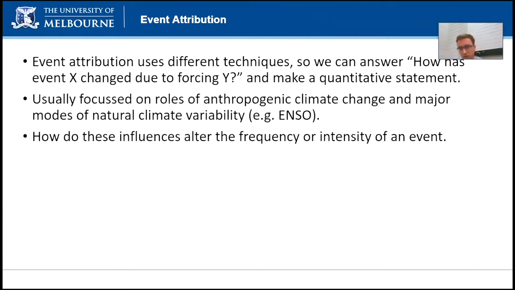For example, if we were interested in a heat wave, we'd look at other heat waves and look at how the frequency or the intensity of that type of heat event has changed, either due to anthropogenic climate change or due to natural climate variability.